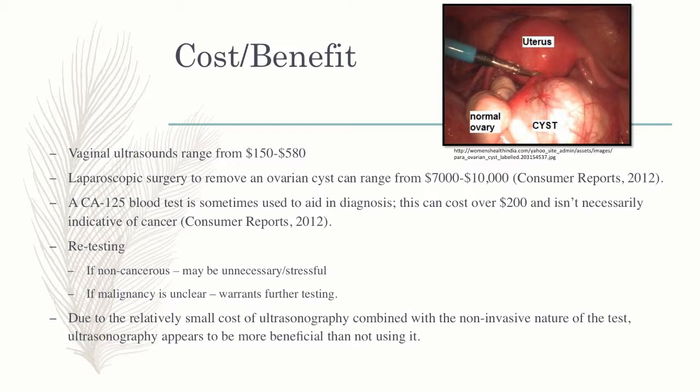I'll share the guidelines later specifically, but since most of these cysts go away in 3 months, we don't want to cause unnecessary stress. But on the other hand, if malignancy is unclear, we would warrant further testing. So due to the relatively small cost of ultrasonography combined with the non-invasive nature of the test, it really appears to be more beneficial to use it than to not.